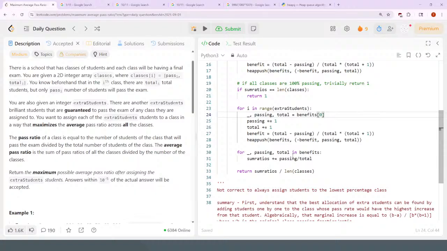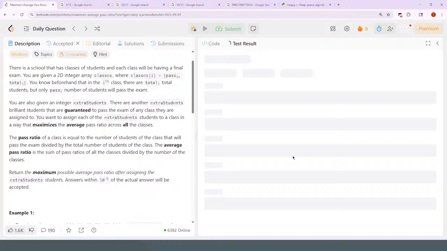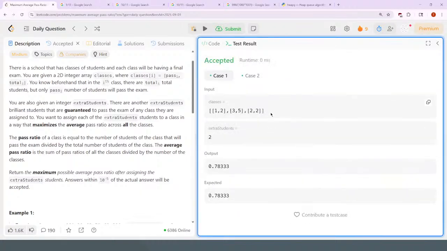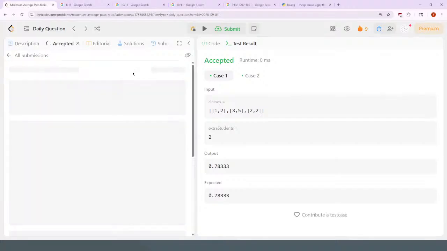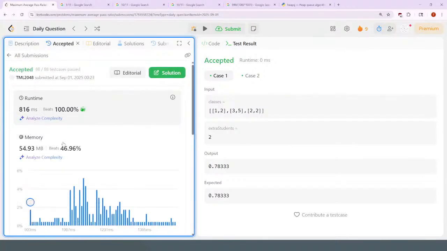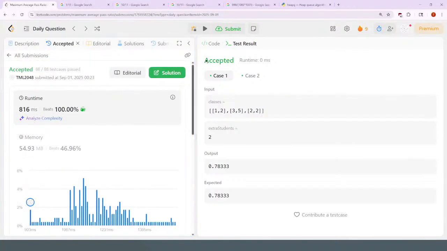Passing plus 1, total plus equals 1. And then here this is going to be heap replace from the benefits heap. Yeah, I think this is right. I don't know if it's actually going to change the speed. Should technically be a little faster.